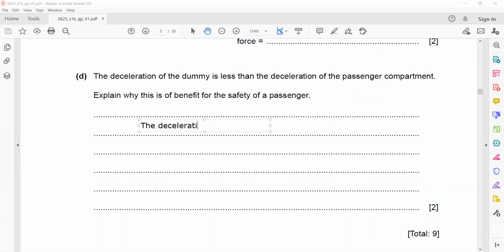Is it clear, this part? Question 3, any doubt in question 3?